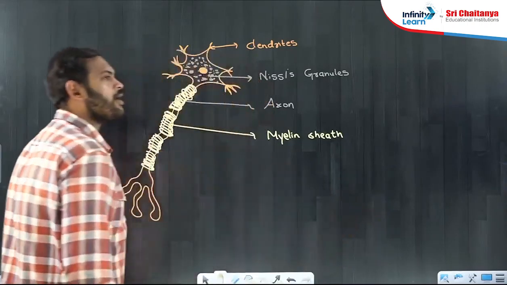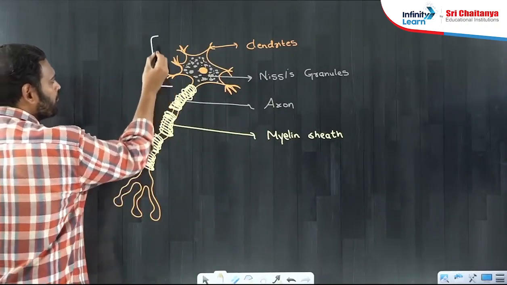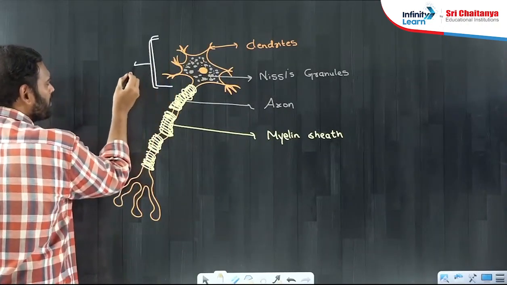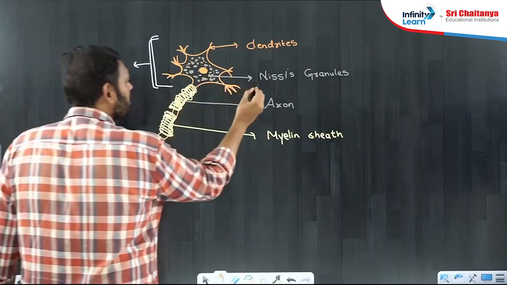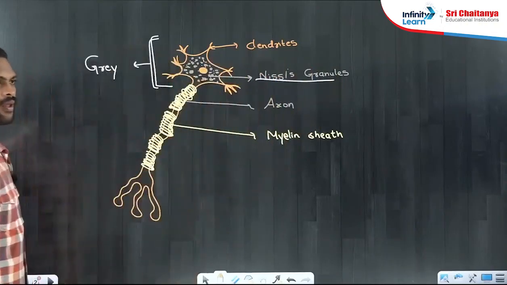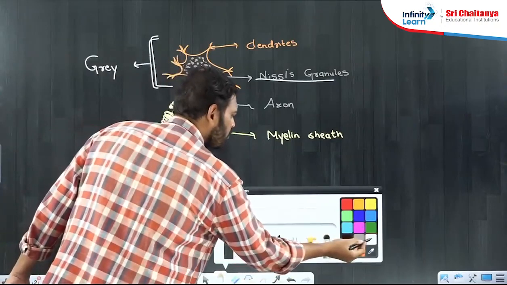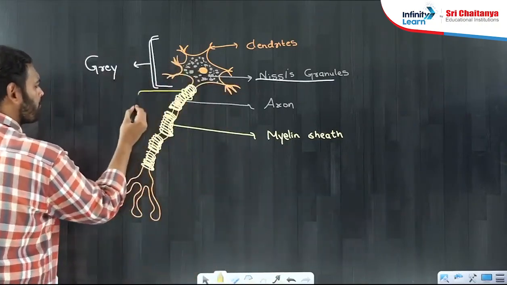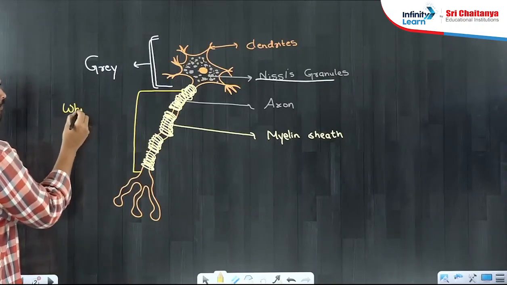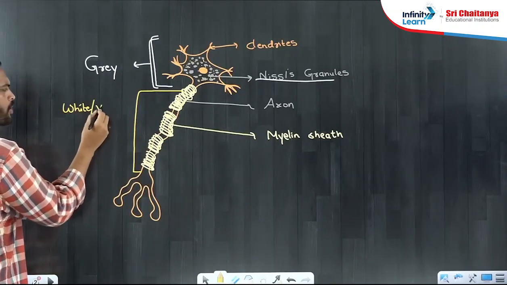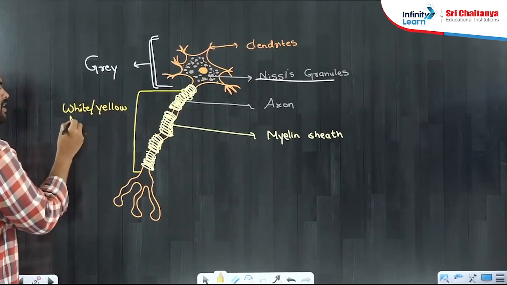Now for your information, if you look at a neuron under a microscope, this cell body may look grayish in appearance due to presence of Nissl bodies. But the axon with its myelin sheath may appear white or yellowish, butter-like color because of myelin sheath.